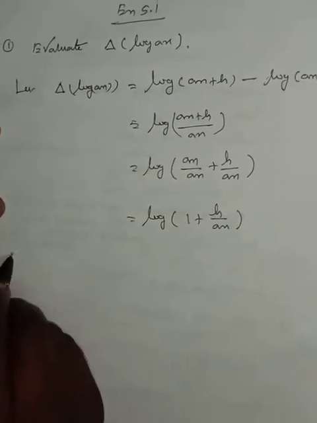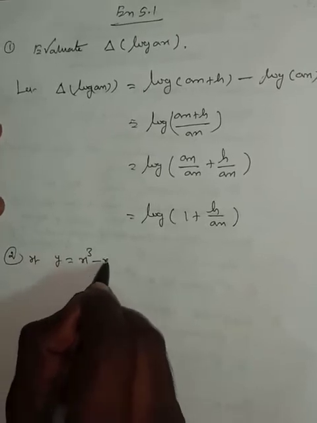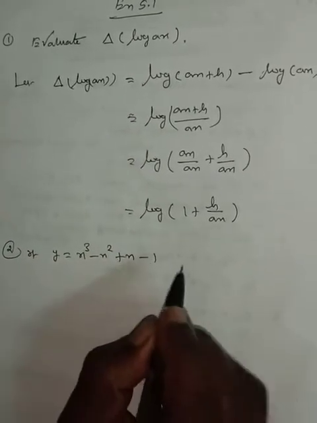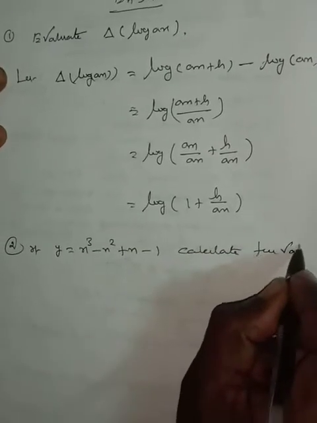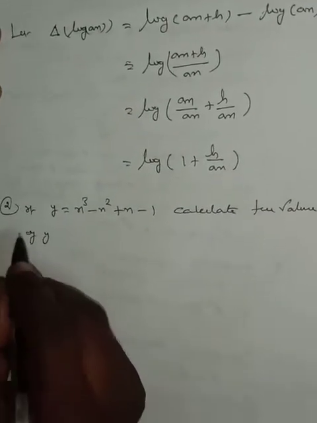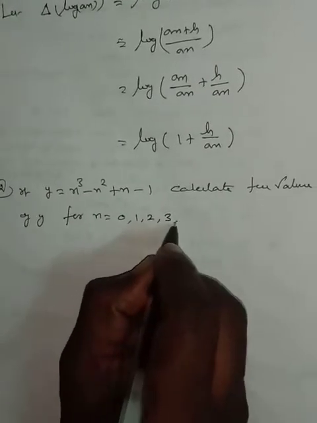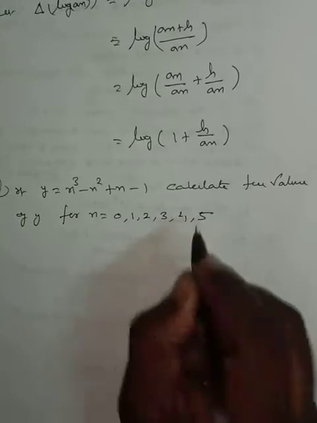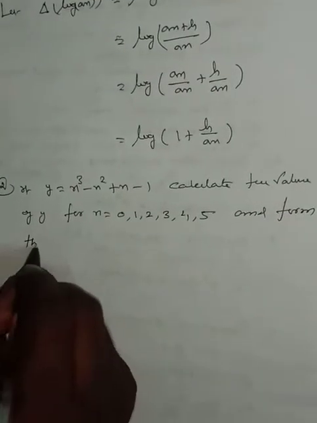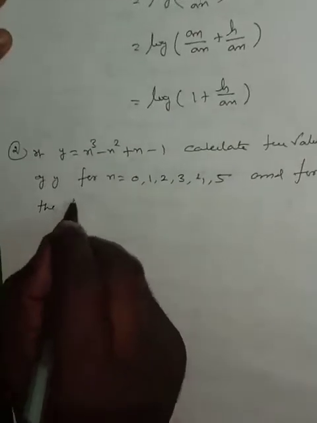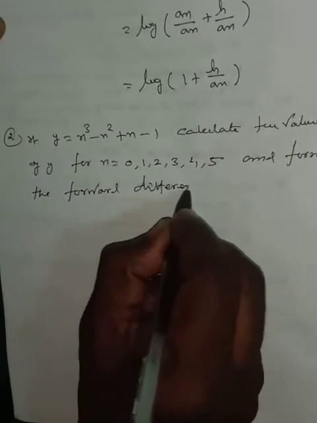Next, question number 2. If y is equal to x cube minus x square plus x minus 1, calculate the value of y for x is equal to 0, 1, 2, 3, 4 and 5, and form the forward difference table.